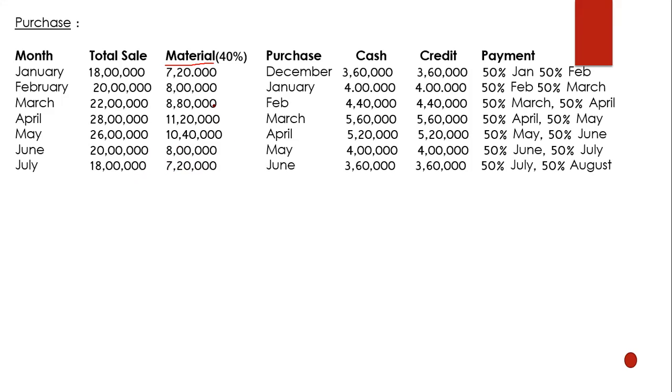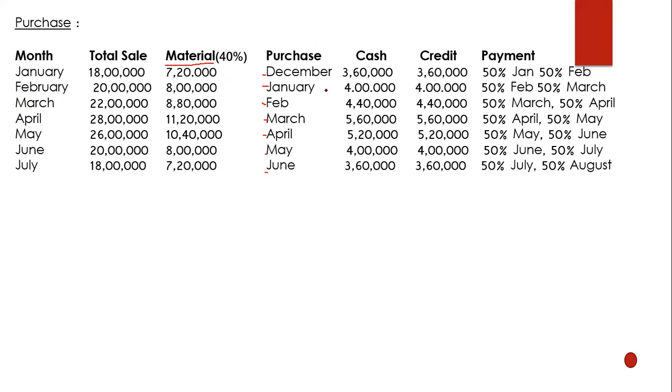Okay. Now we are doing the purchase in the preceding month. So this is the sale material of January. So this will be purchased in December, this will be in January, this will be in February, this will be in March, this will be in April, this will be in May, and this will be in June. So now we have to see the month this, not this. Okay.